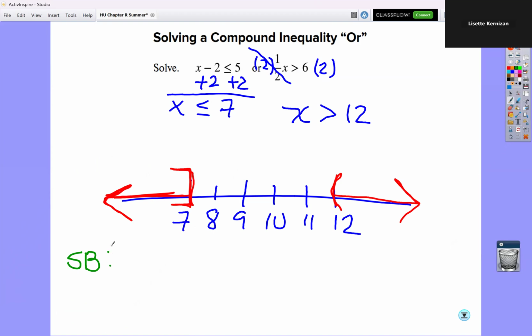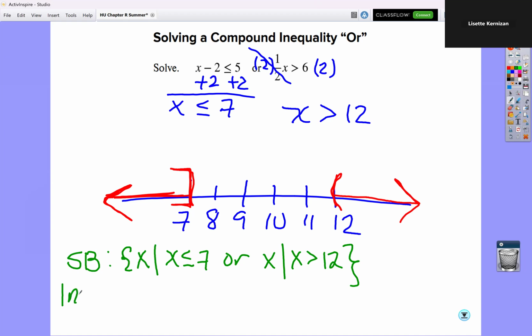So for set builder notation, you're going to say x such that x is less than or equal to 7, or x such that x is greater than 12.